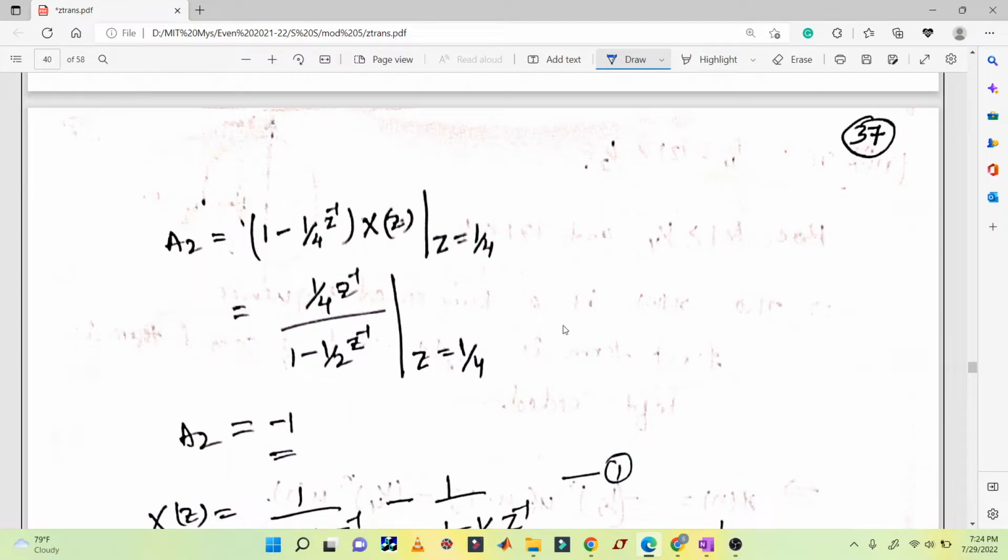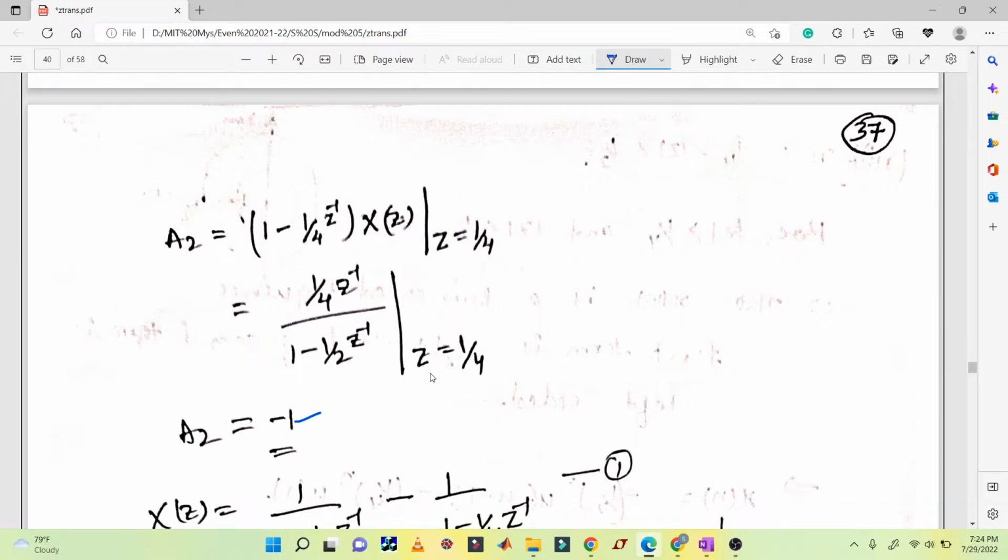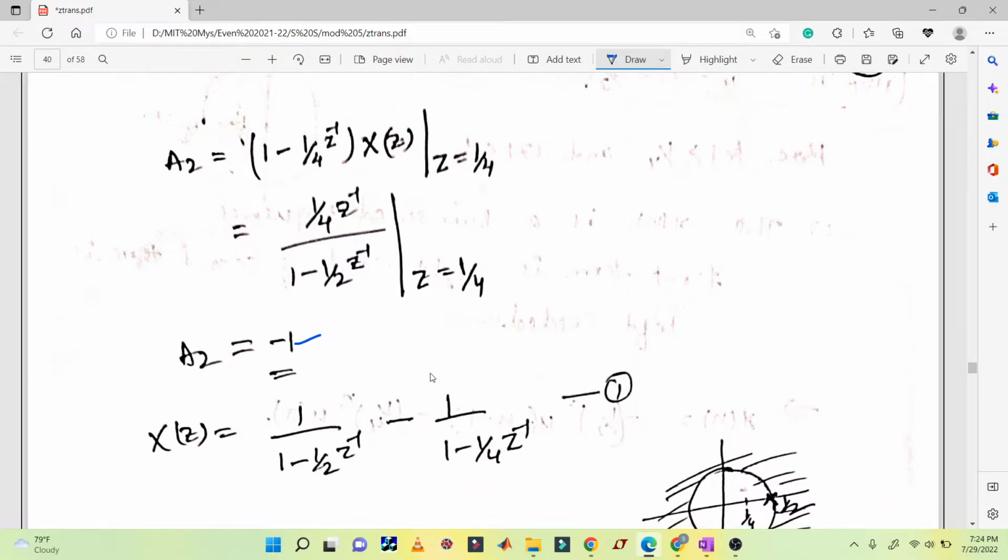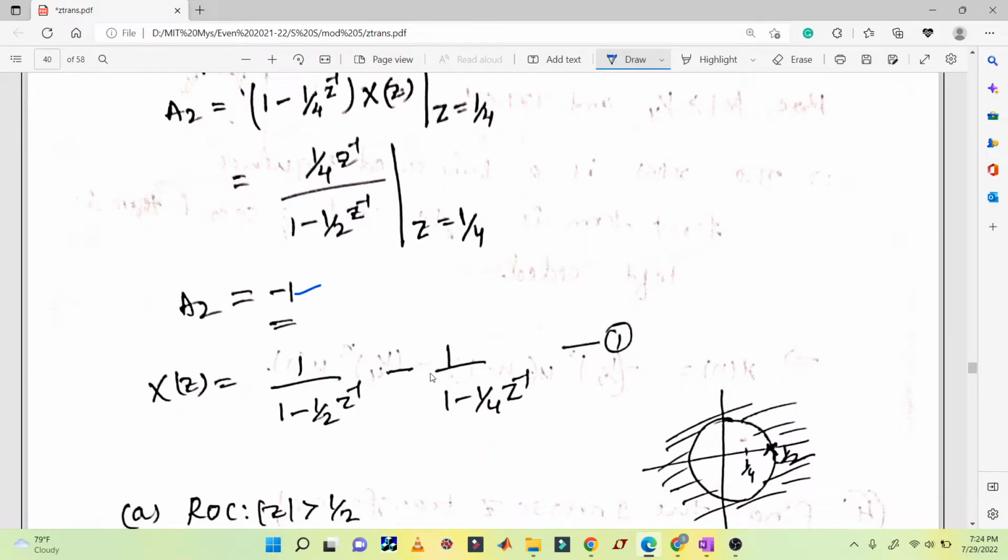You already know how to calculate the values of a1 and a2 using partial fractions. That's why I am running through it. I want to make the concept clear of finding the inverse transform after the partial fractions. That's why please make sure that you revisit the partial fractions.